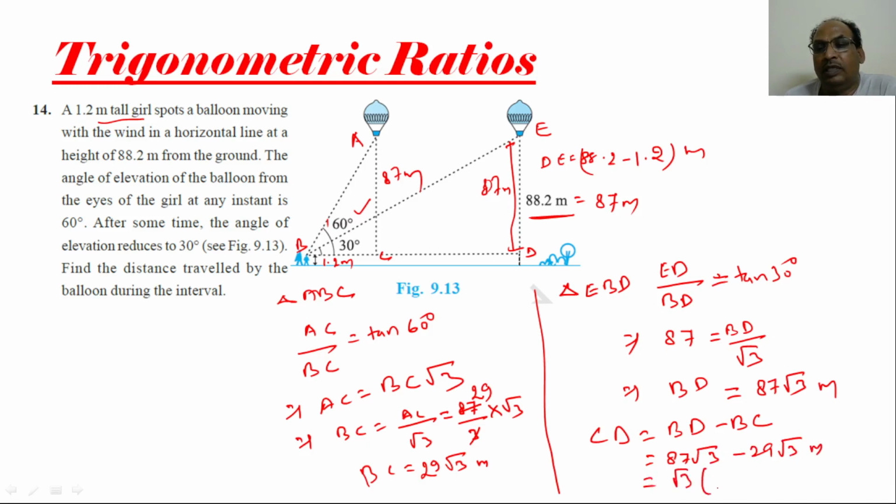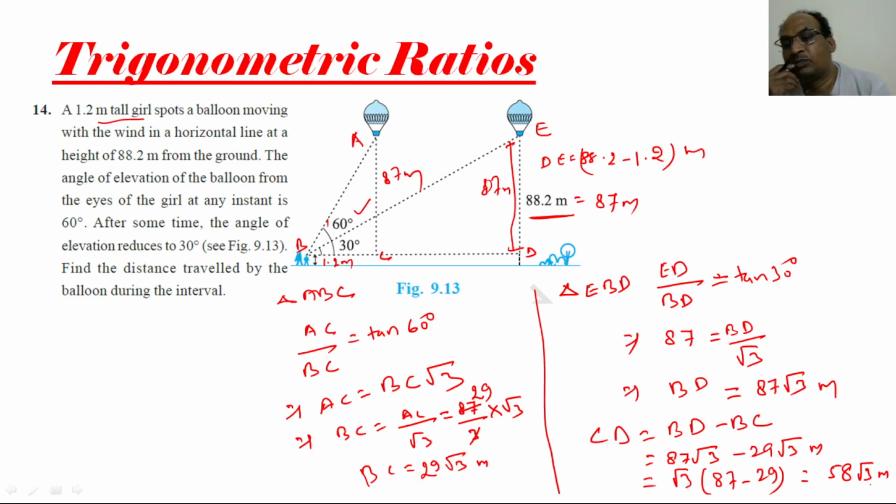So root 3 into 87 minus 29, 8 and 7 to 5, 58 root 3 meter is the distance travelled by the balloon. This one will be the answer.